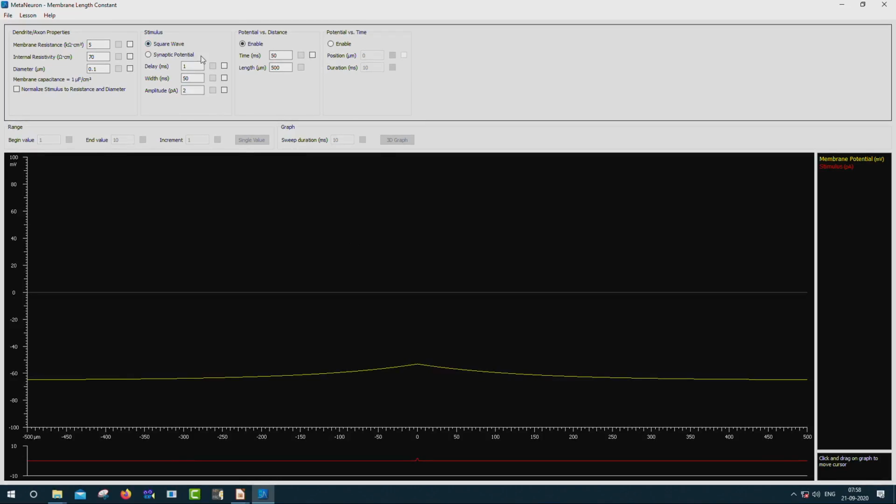So let's look at what happens when we change the distance, and we look at a range. Individual things are a little difficult, so we look at a range. So there you have a range of different stimuli, and you can see how it decays. Let's increase it a little more because I can barely see it, so I will make it 20. Okay.